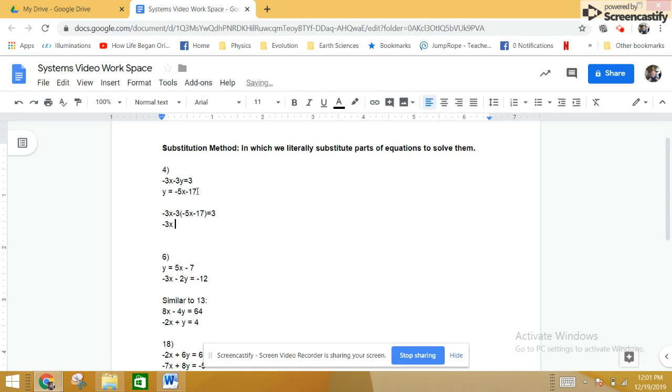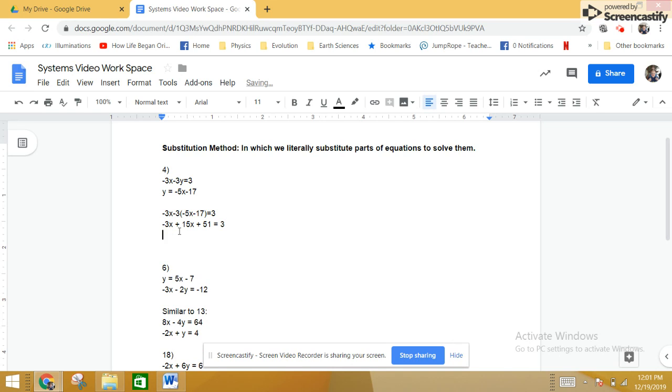Negative 3x, then negative 3 times negative 5 is going to be plus 15x, because it's negative 5x there. And then negative 3 times negative 17 will be plus 51 equals 3.